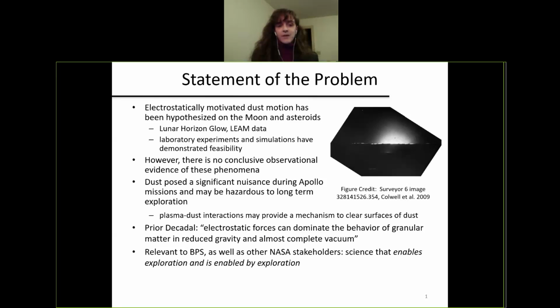So this topic of understanding dust plasma interactions, especially close to the lunar surface or any surface of a small body, is relevant both from a fundamental science perspective and for understanding the evolution of the surfaces of these airless bodies, and even with implications to technology development and enabling exploration. Next slide.